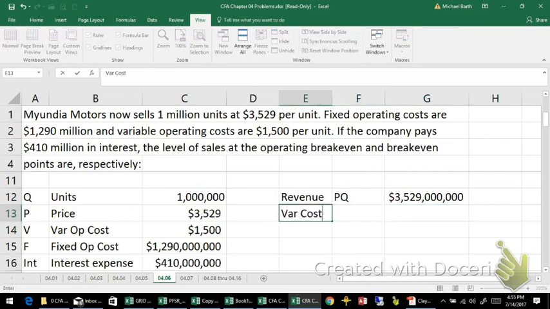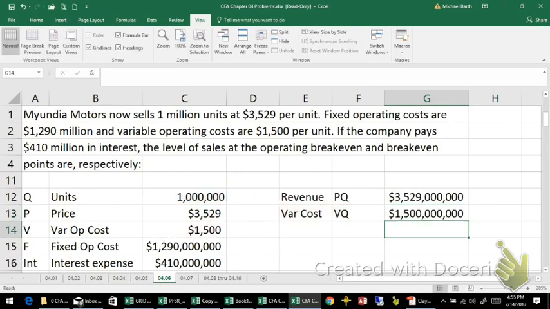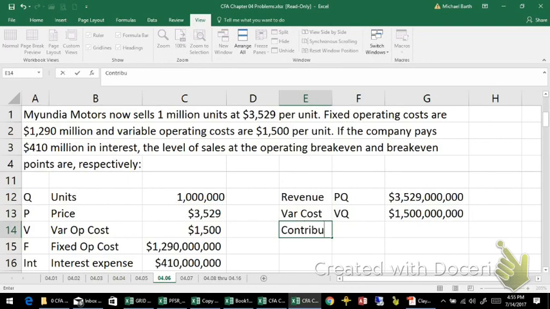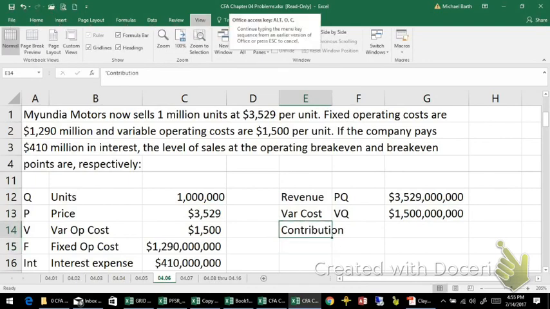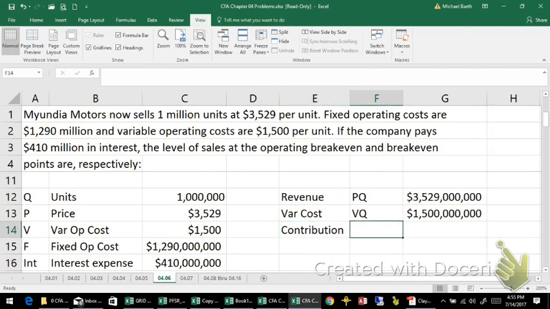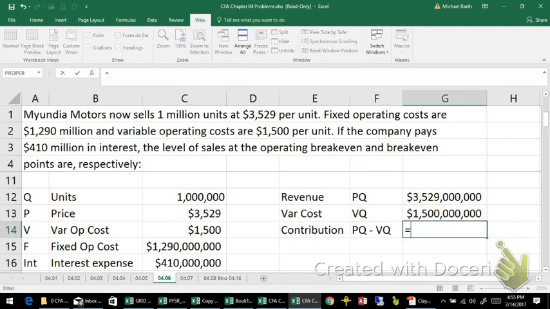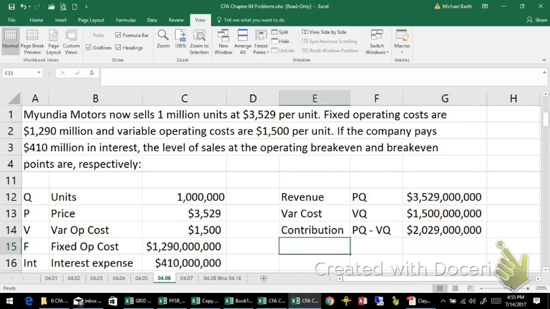Variable cost, which is VQ, would be 1 million units times $1,500 per unit. And that'll give us a contribution, that'd be PQ minus VQ. The contribution would be a little over $2 billion.